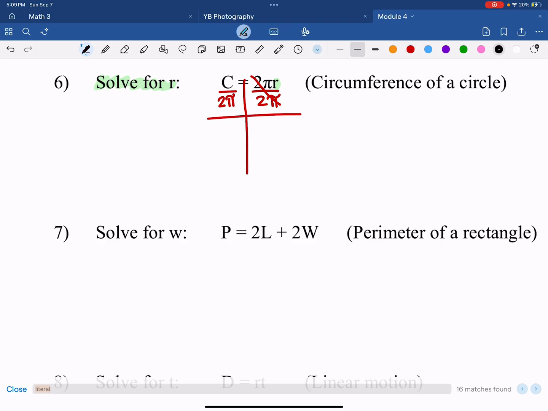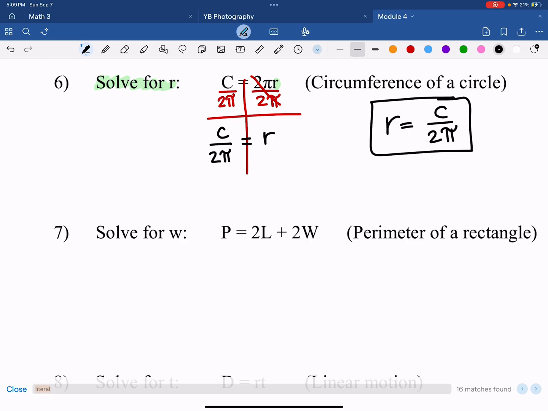And then I am left with c over 2 pi equals the r. This one was really quick. It only took 1 step. And therefore, since I have it all by itself, r equals c over 2 pi. And that one's just that simple.